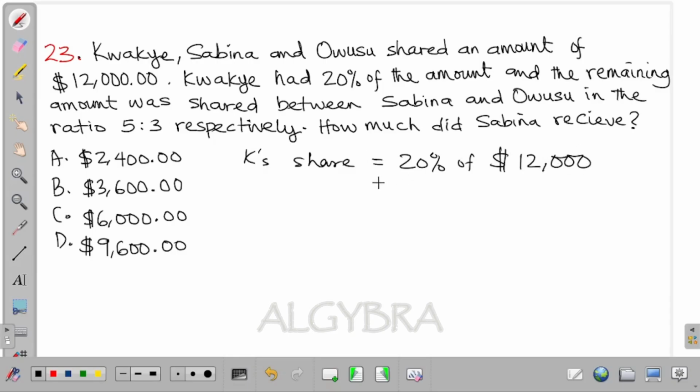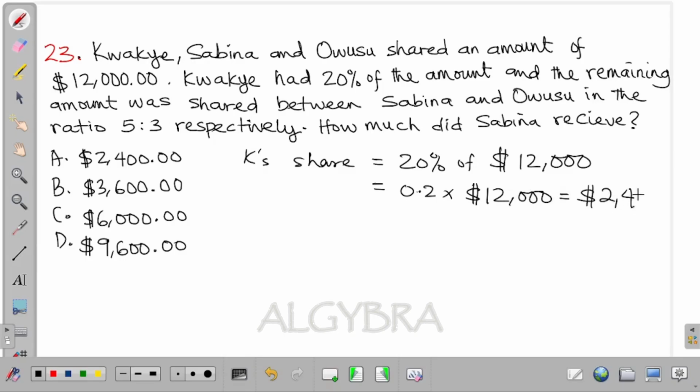Okay, and 20% is 0.2. So that's 0.2 times 12,000, and that is equal to 2,400.